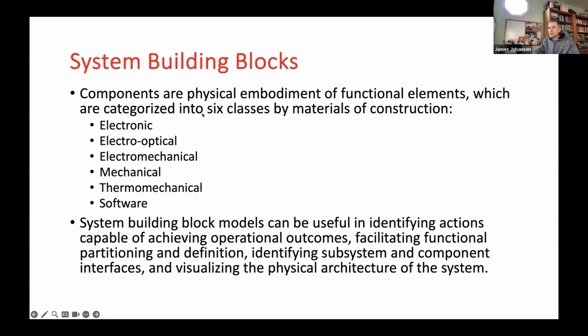Components are physical embodiments of the functional elements. So function at a higher level, physical at a lower level in terms of implementation, which are categorized into 6 classes by materials of construction. Electronics would be slightly different than thinking of the mechanical.